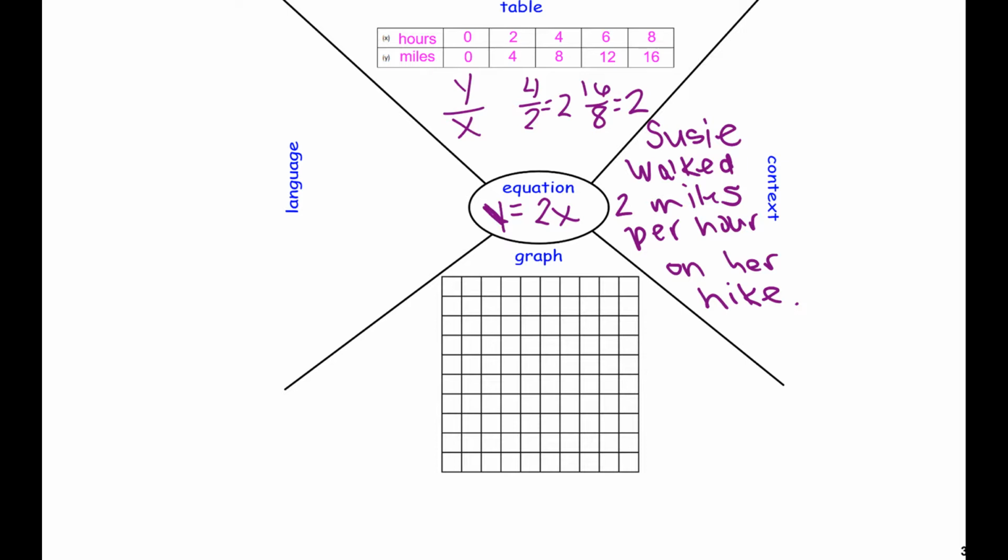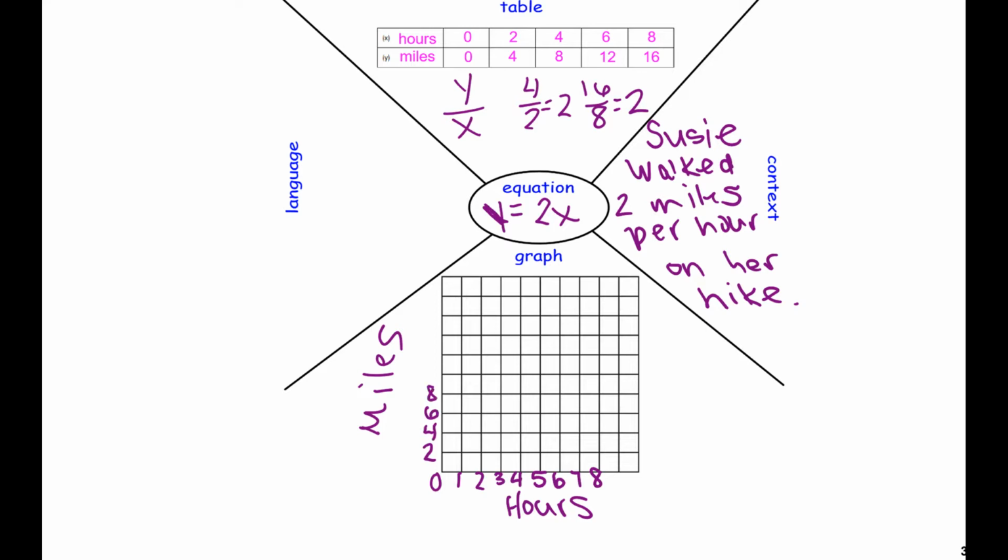Then I'm going to go down to my graph. I know that for my hours, my table has from 0 to 8, and that's my x, so I'm going to put that down here. And I'm just going to go by ones so that I can fit all the way up to 8. And then I'll have my miles here on the y, and I'm going to go up to 16. So once again, I can't go by ones, otherwise it's not going to fit.